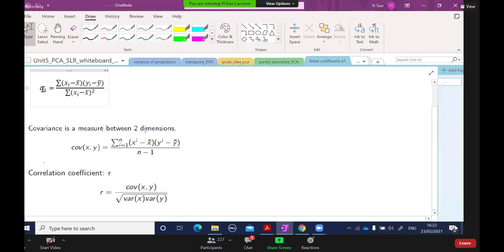So what we can say is that this coefficient A1 can reflect the correlation between the independent variable and the dependent variable. The sign, positive or negative, can tell us whether the independent variable and the dependent variable are linearly positively correlated or negatively correlated. This makes sense, right? Because A1 is the slope of a linear line, if you think about it.